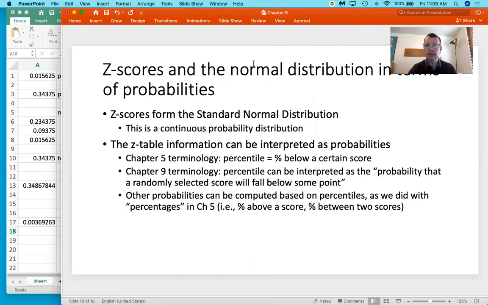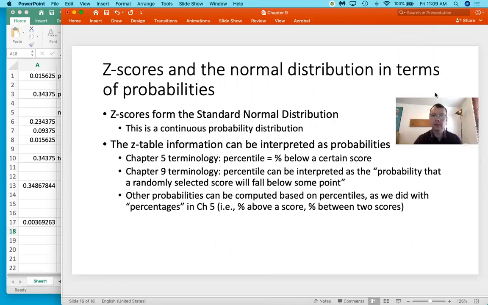All right, so the final thing that we want to talk about is the fact that we can also use Excel to get normal distribution probabilities. Now, the normal distribution is trickier because it's a continuous probability distribution. We learned it in terms of percentiles, and that's the way that we're going to use it. We're actually going to use it in 2 ways now.